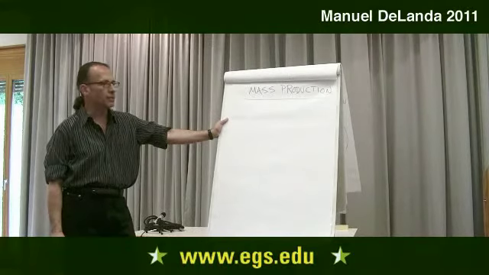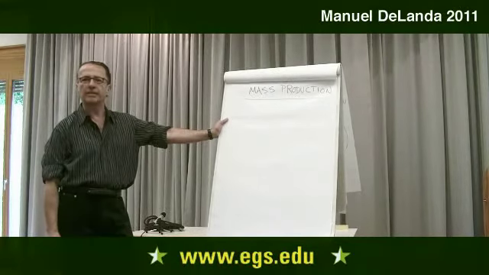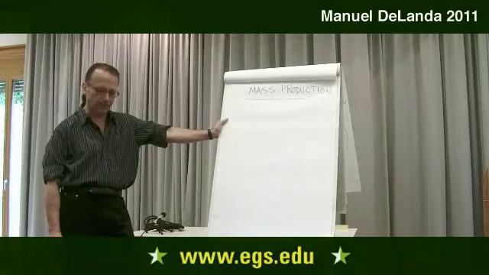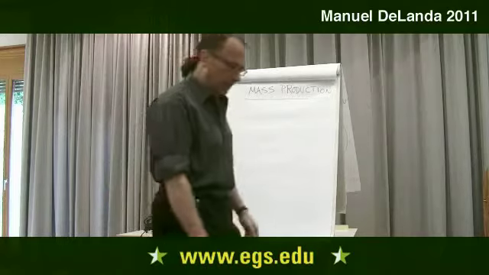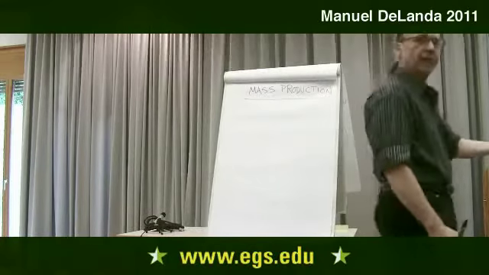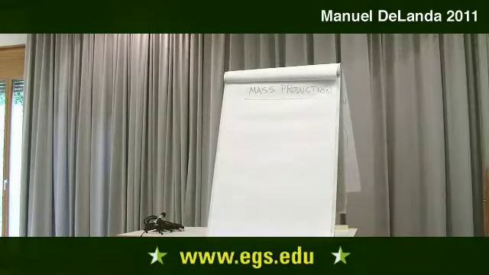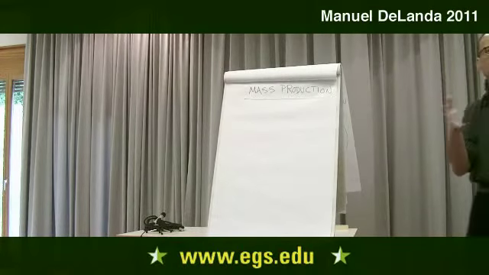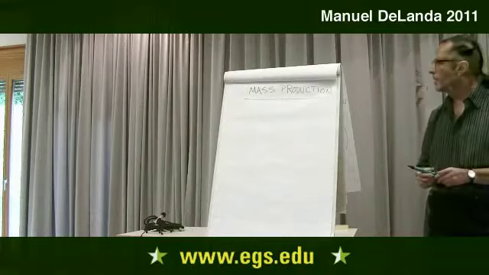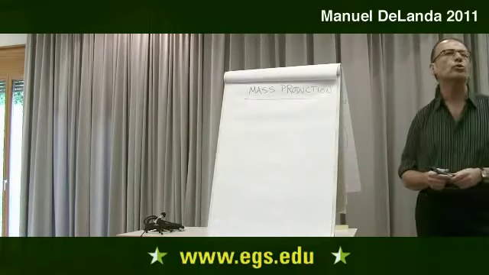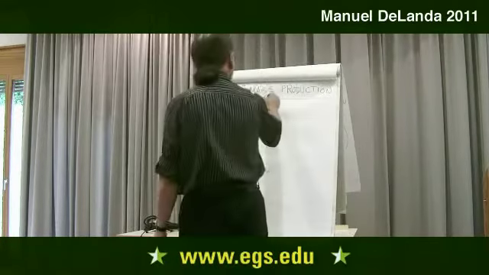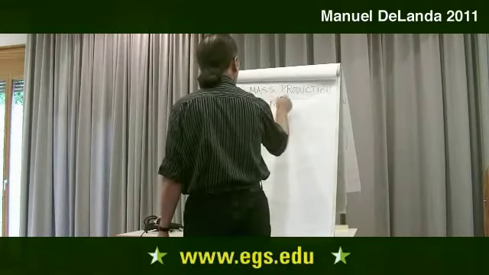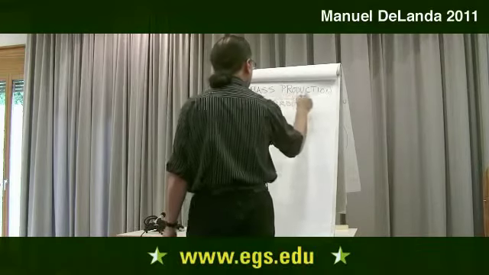And Marxists today, and by Marxists I mean everybody from many Deleuzians, like Michael Hardt and Antonio Negri in the book Empire, and many other Marxist Deleuzians, call mass production Fordism, because they believe that Henry Ford invented mass production.